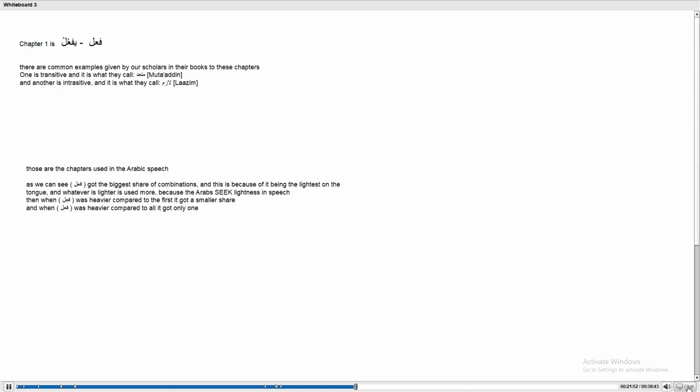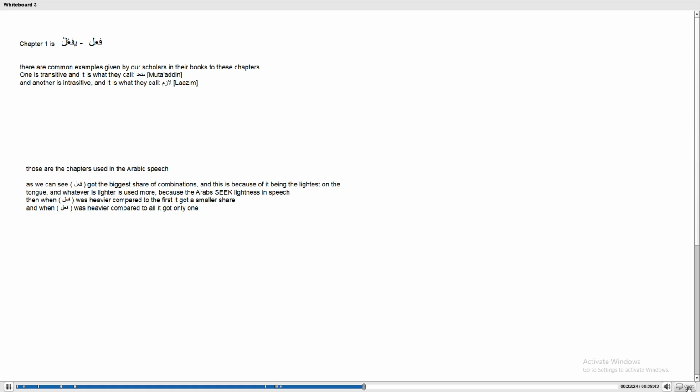Like hitting. Hitting implies that there be someone doing the act and someone receiving it. Like, I hit so and so. You cannot just say I hit and stop there. So as long as a receiver is anticipated, واضح, the verb or the act is muta'addin, it's transitive. Otherwise it is lazim.